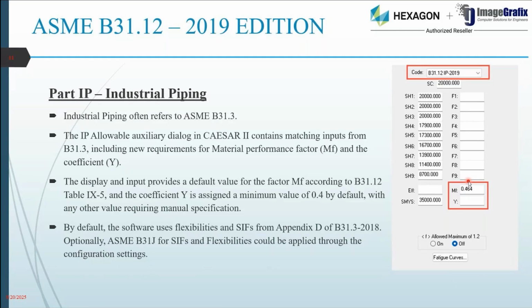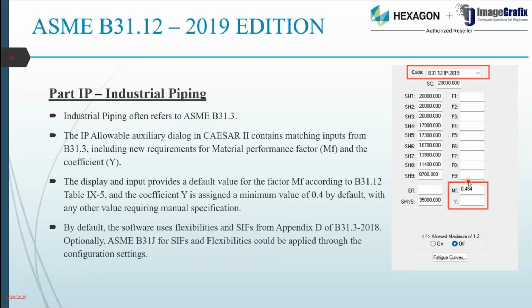Next, the most important thing: the recent trends in B31.1 and B31.3 code updates include updated flexibility factors and SIFs for inline components like tees, bends, and reducers. So what does B31.12 refer to? By default, the software still uses the flexibilities and SIFs from Appendix D of B31.3 2018.